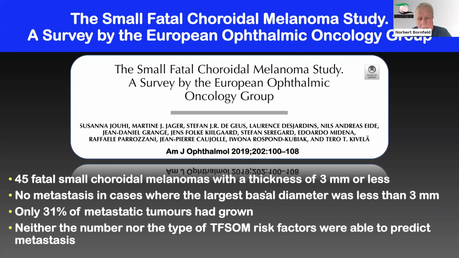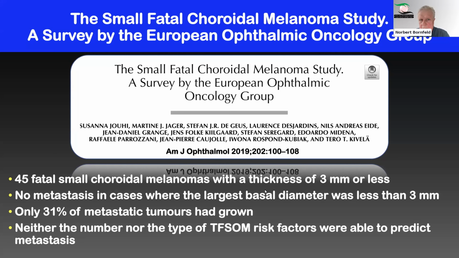Some years ago, there was a very basic, very essential study from the European Ophthalmic Oncology Group. That group looked at 45 fatal small choroidal melanomas with a thickness of 3 millimeters or less, so rather small tumors. One very important take-home message is there was no metastasis in cases where the largest basal diameter was less than 3 millimeters.